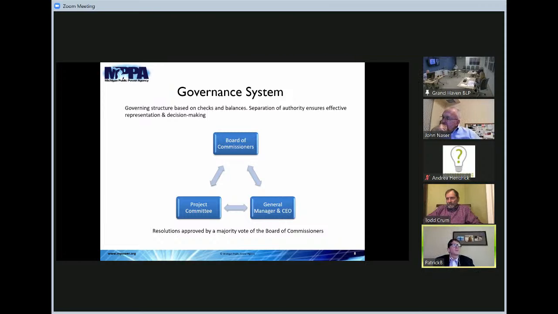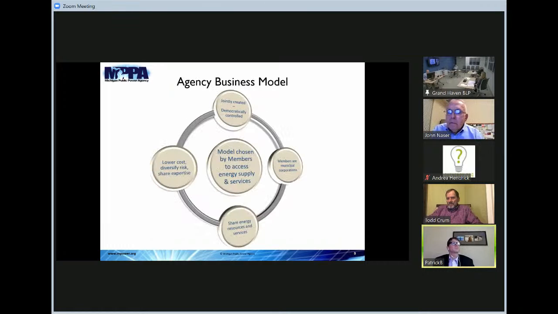And this structure between these 3 entities really provides a great forum for our board meetings, and it really allows a great discourse and decision making among and between entities that have different interests, but all of those for the long-term value proposition of the agency. Next slide.